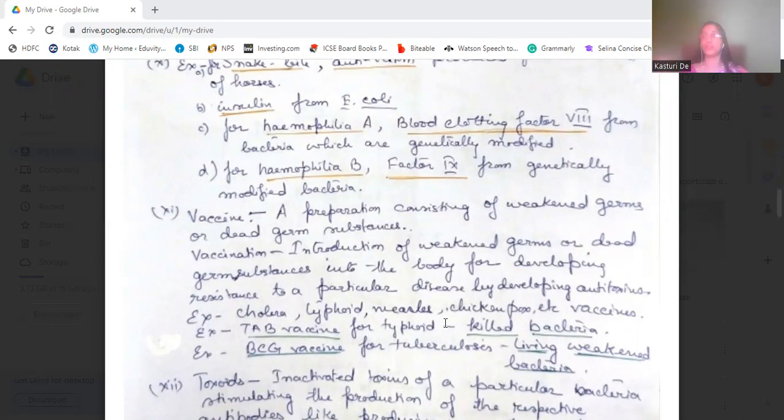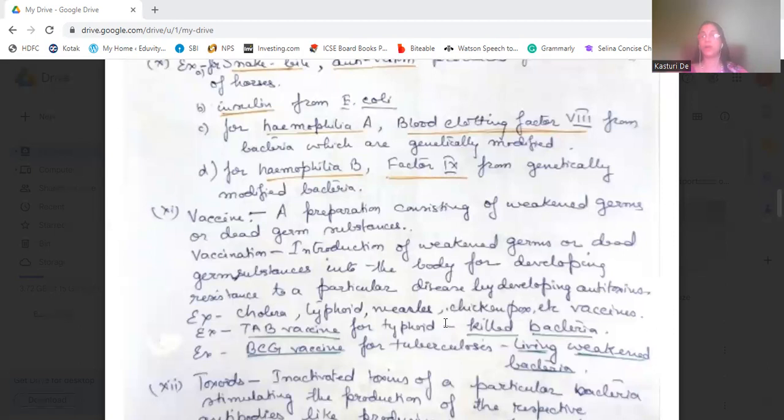Weakened germs or dead germs. We introduce these into a person's body or an animal body so that the body develops resistance to a particular disease by developing antitoxins. That process is known as vaccination.